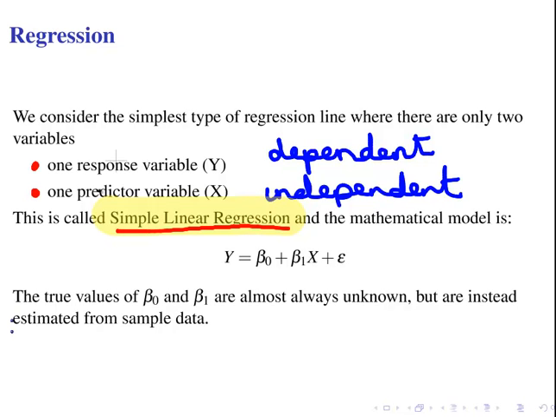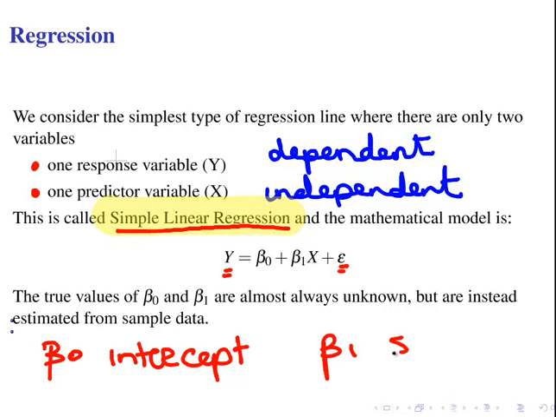The mathematical model is as follows: y equals beta 0 plus beta 1 x plus a random error term, which is just to allow for random fluctuations. Beta 0 and beta 1 are the parameter values, the intercept and slope. Beta 0 is the intercept, and beta 1 is the slope.